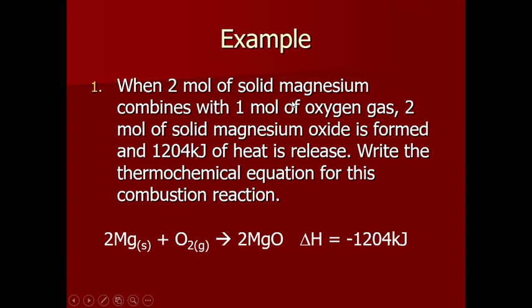As we have 2 mole of magnesium, write 2 moles of magnesium plus 1 mole of oxygen gives 2 moles of magnesium oxide, and the amount of heat is released. What is the amount of heat? 1204. When the amount of heat is released, we can write this amount of heat with a negative sign over here, as the reaction is exothermic.